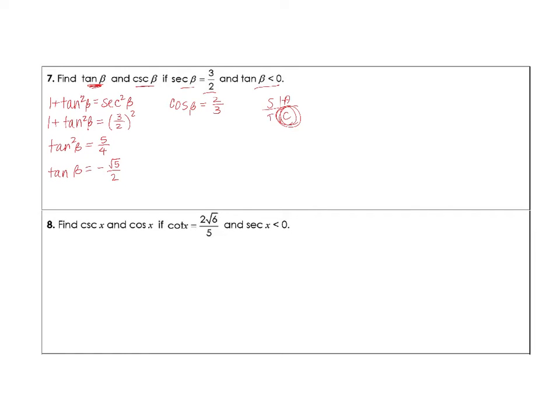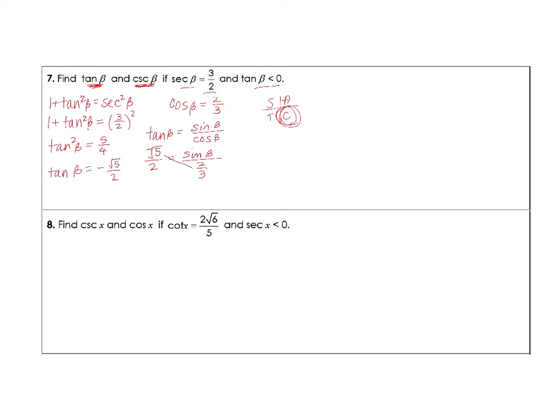And cosecant, we know, is the reciprocal of sine. So based on the information we're given, we really could go find sine because I know tangent of beta is sine beta over cosine beta. And so tangent was negative root 5 over 2 equals sine of beta, which is what we're trying to find, over cosine, which is 2/3. So again, that's going to set up a cross multiplying problem.